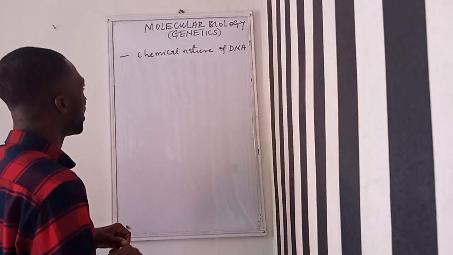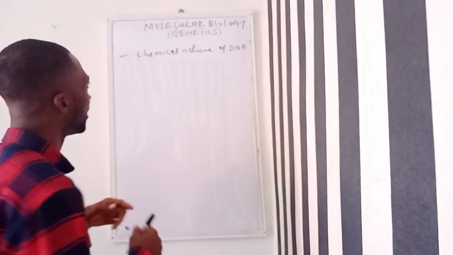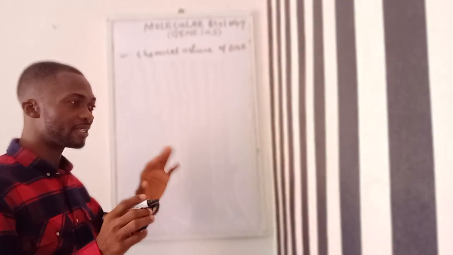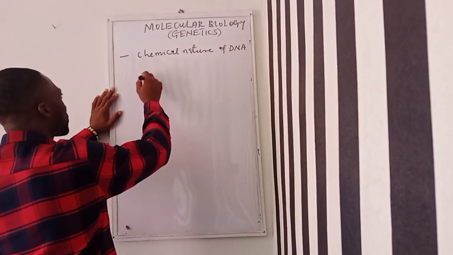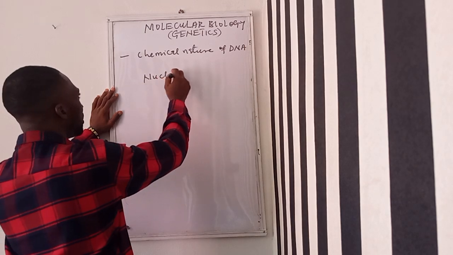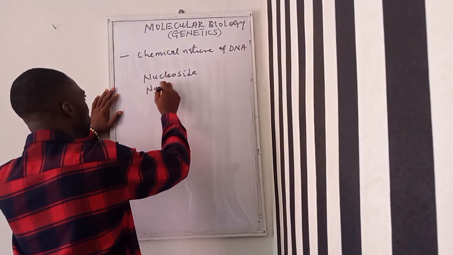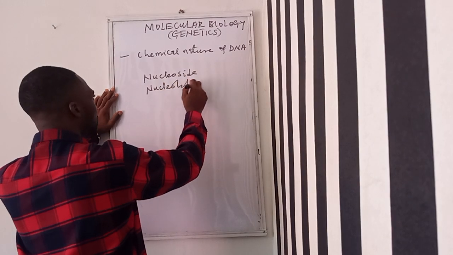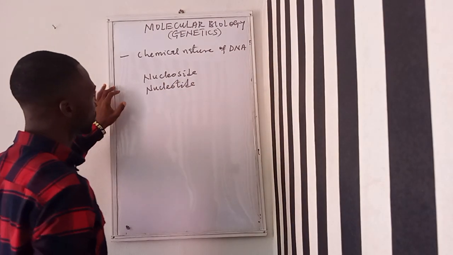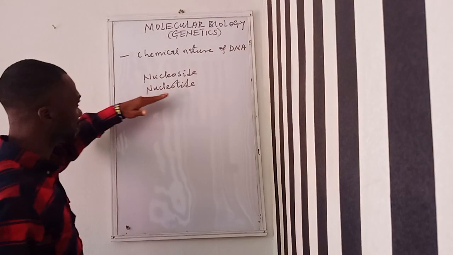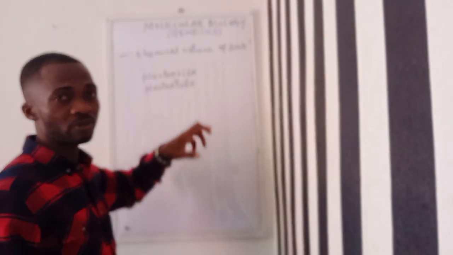There are so many things to talk about. We'll have what is called the nucleoside, and we'll have what is called the nucleotide. I'll give you the difference by the time I explain the components of this nucleotide.